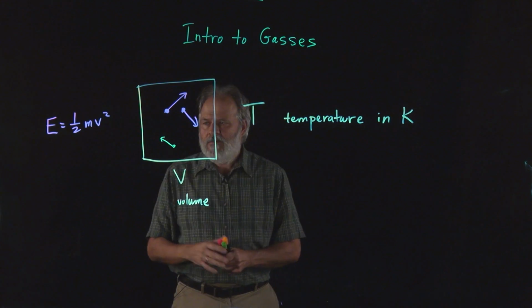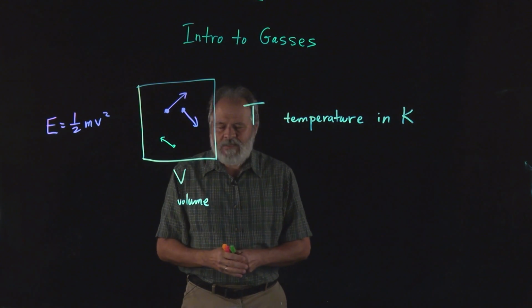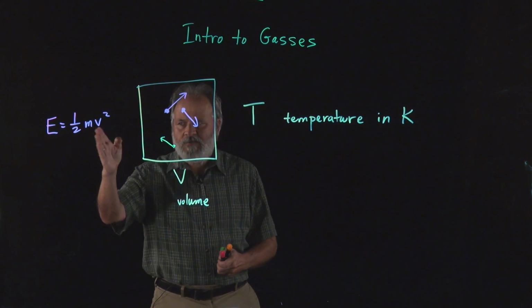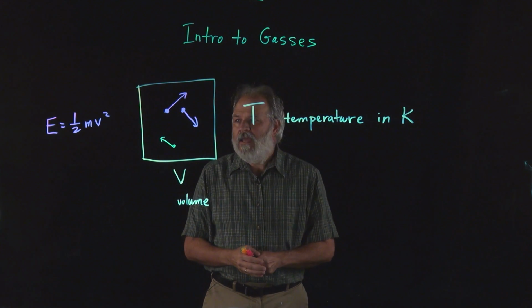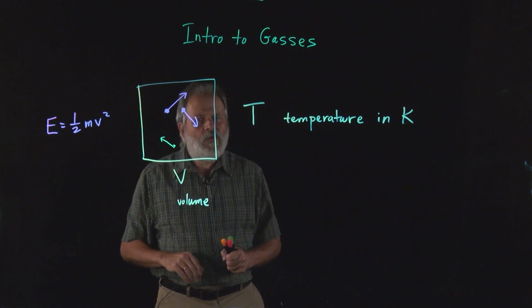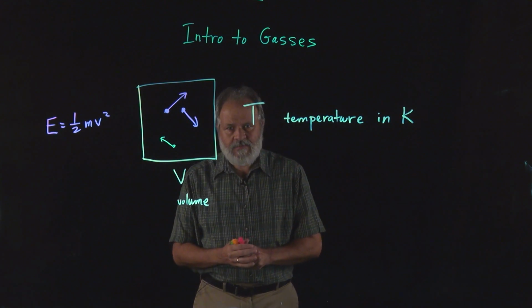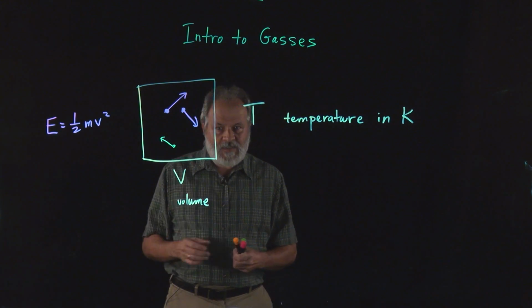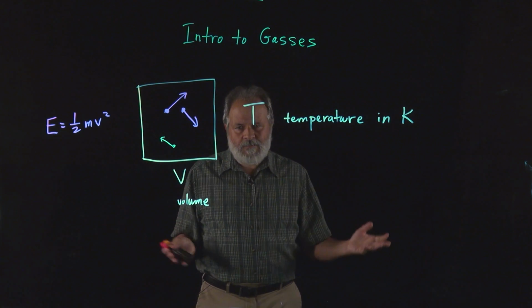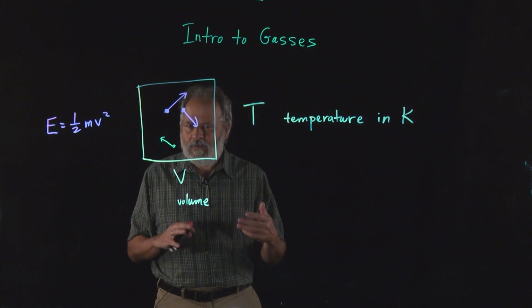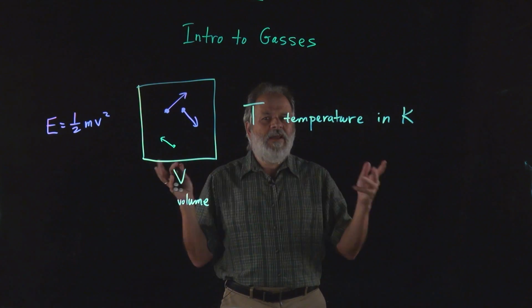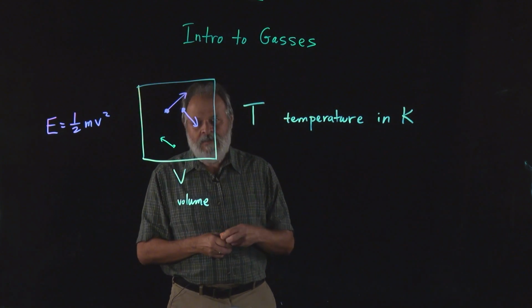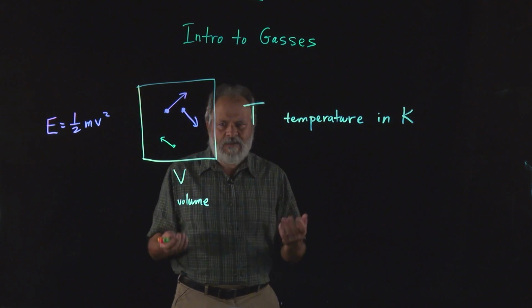It turns out that very low mass molecules will have high velocities, and very heavy molecules will have low velocities. And this has an impact on the speed of sound in the material. If you've ever heard somebody talk with helium, helium is a very low mass material and has a very high pitched frequency because the speed of sound in helium is extremely high.